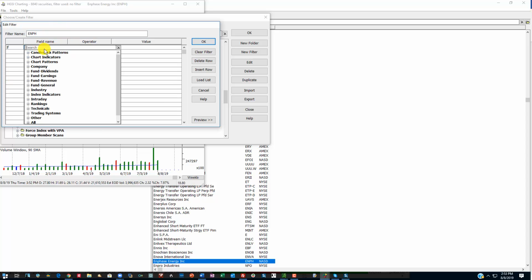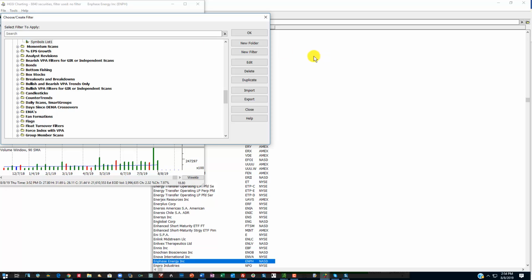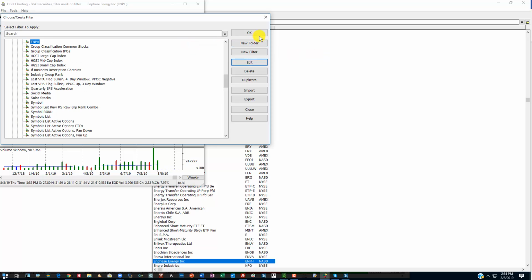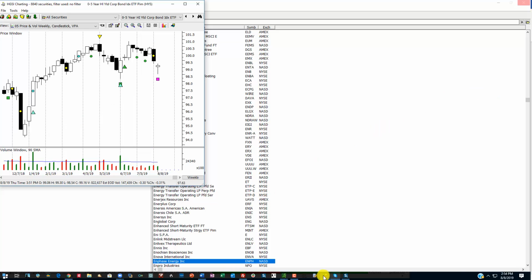If symbol equals ENPH. And what I'm going to do here, well, the first thing I'm going to do is go in and turn up my updating.